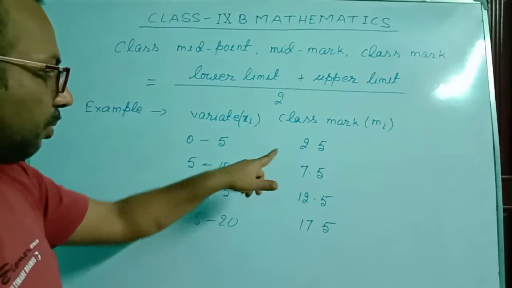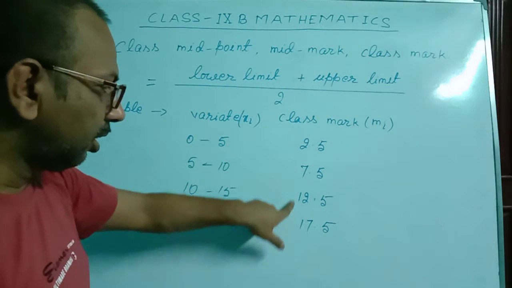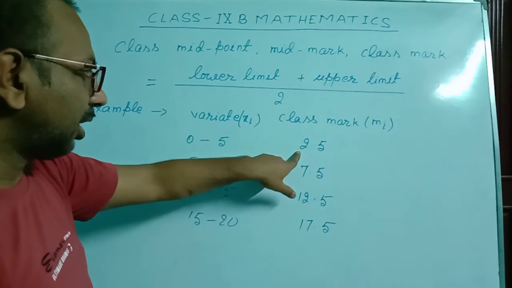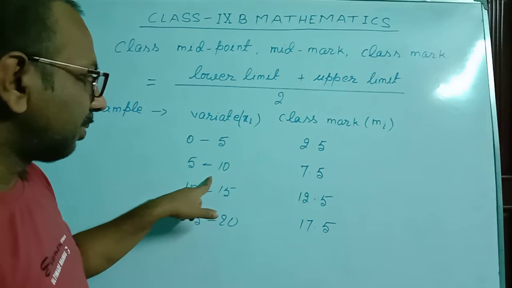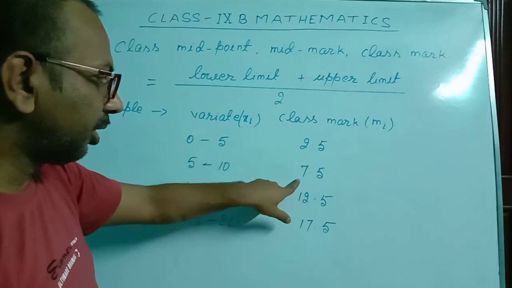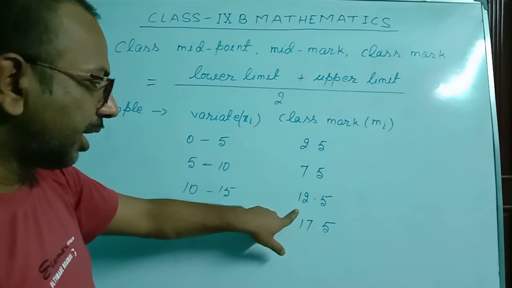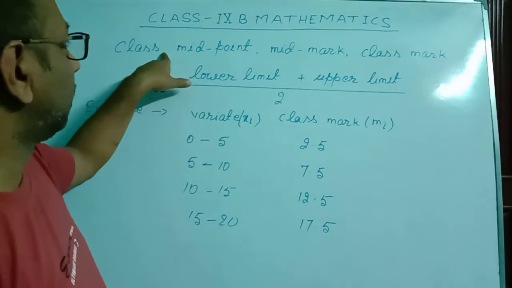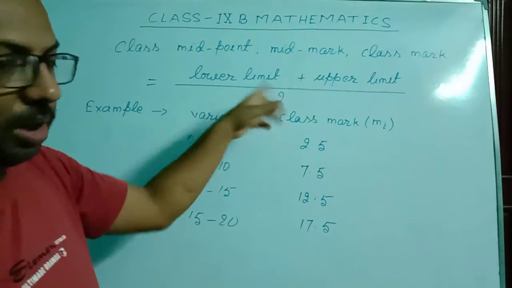So what I'm saying is, once you find the class mark of the first class interval, the others you can find without calculation. Here I got the class mark of the first class interval, 2.5. Now the difference we are seeing is 5. So I added 5 to get the next one. Here also I added 5 to get the next one. Here also I added 5 to get the next one. But as per the formula, the class midpoint or midmark or class mark is equal to lower limit plus upper limit by 2.